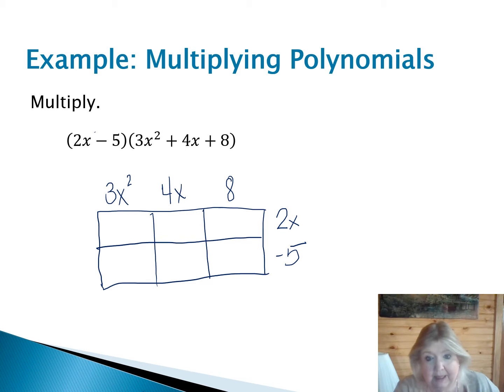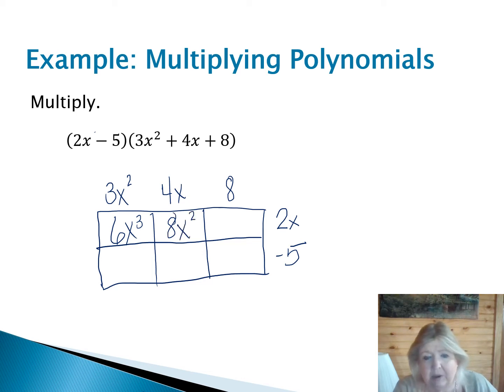Now, to make myself distribute, I'm going to fill in all 6 squares. If I have an empty square, I know I've skipped something. So for this box, I'm going to look above it. That's 3x squared. I'm going to go all the way to the right. That's 2x. 3x squared times 2x is 6x cubed. For the next square, I look above and to the right. 4x times 2x is 8x squared.